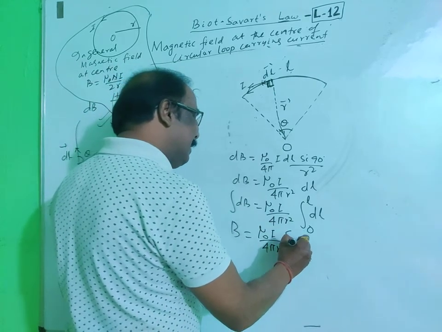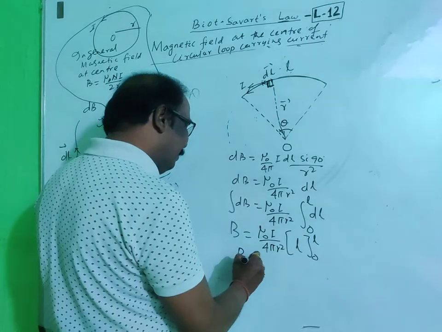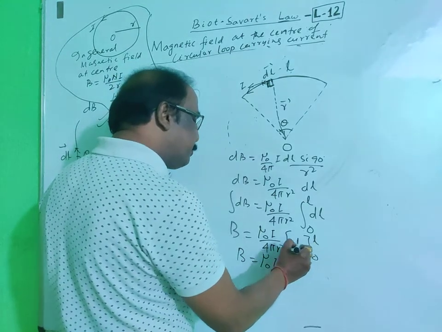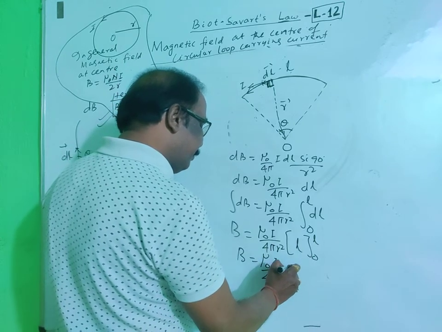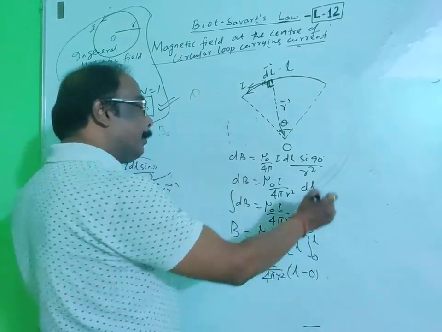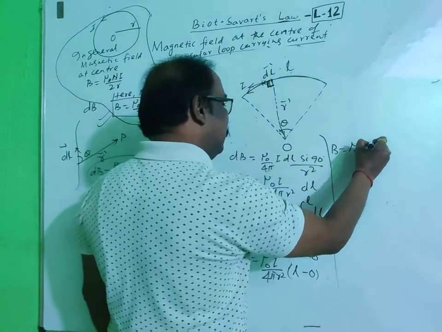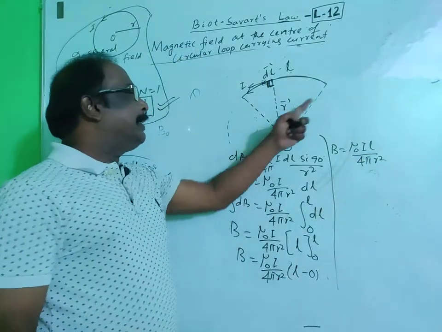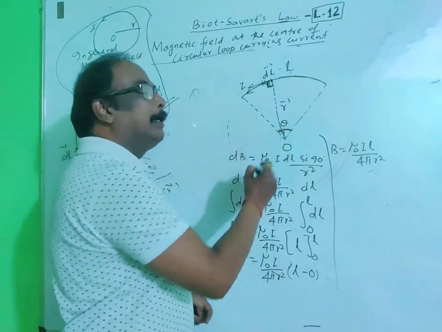Integration of dl is L and limit varies from 0 to L. So this is L minus 0. Upper limit and lower limit, and you get magnetic field is mu naught I L divided by 4 pi r square. But this arc length L subtends an angle theta about the center.